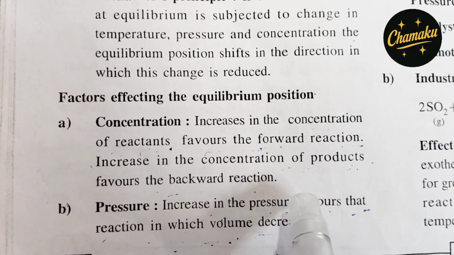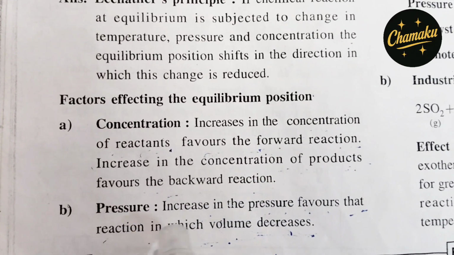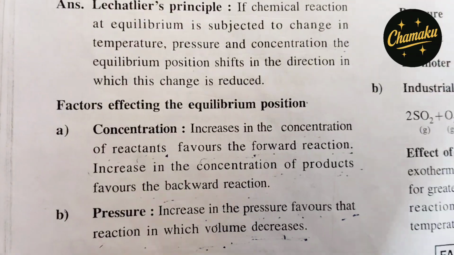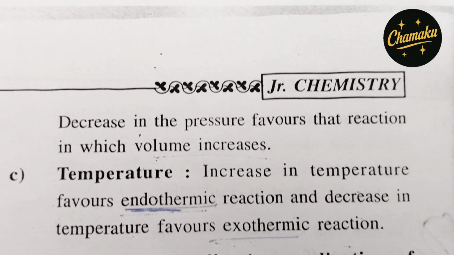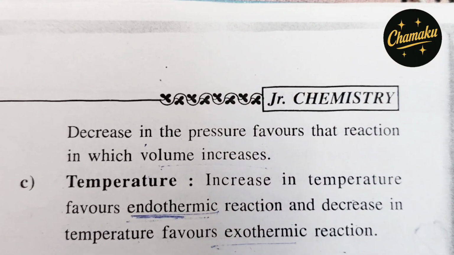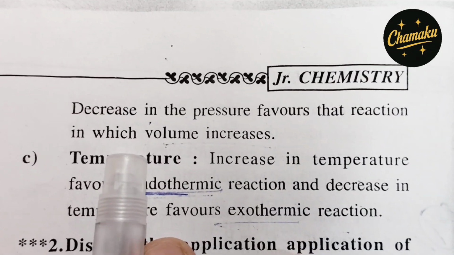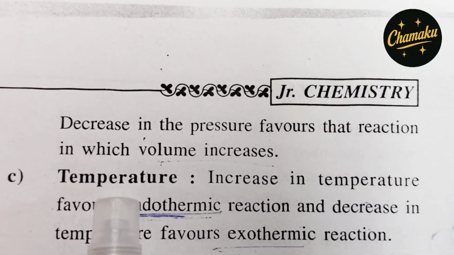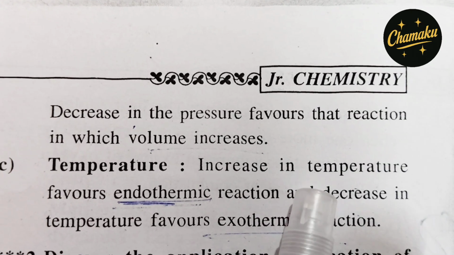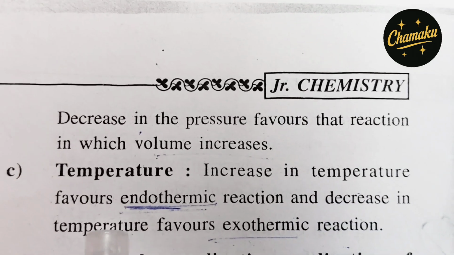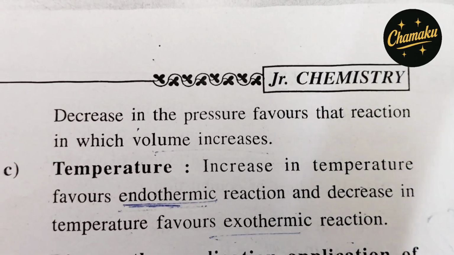Increase in the pressure favors that reaction in which volume decreases, and decrease in the pressure favors that reaction in which volume increases. Temperature. Increase in temperature favors endothermic reaction, and decrease in temperature favors exothermic reaction.